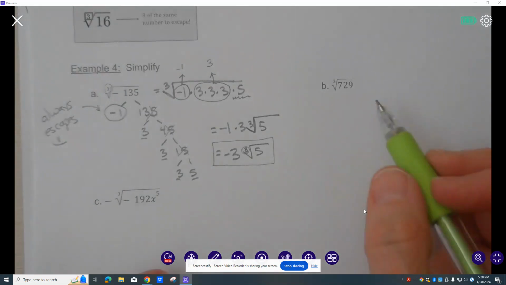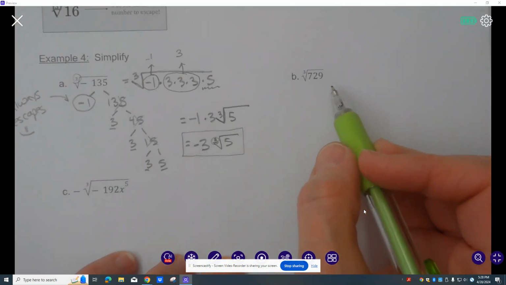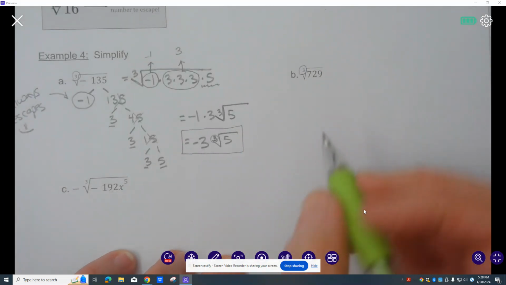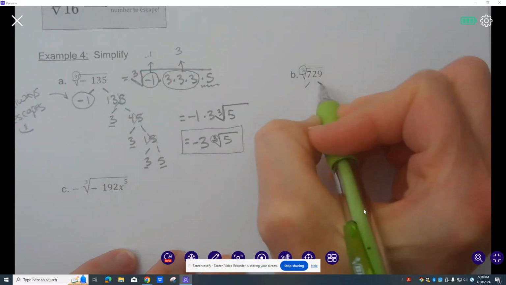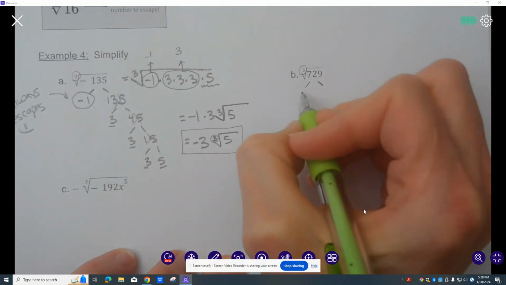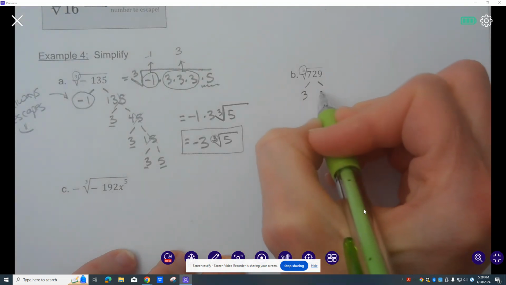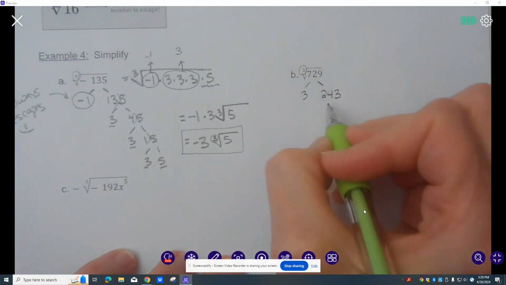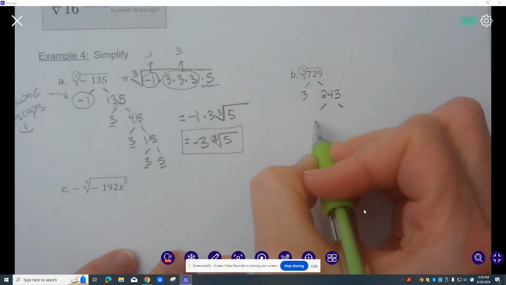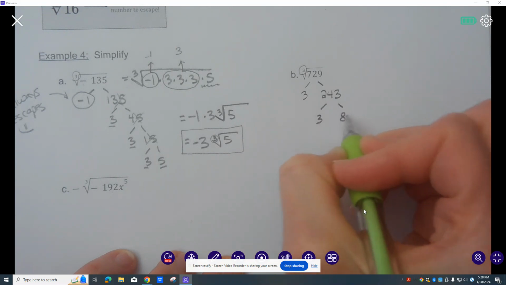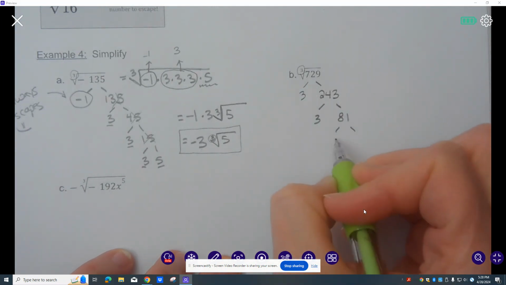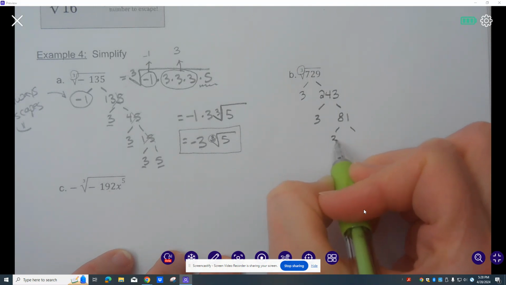Now B is also a big number again, and I'm looking for groups of 3. So 2 does not go into 729, but 3 does. So it's 3 times 243. 2 doesn't go into 243, but 3 does. 3 times 81. 81, again, 2 does not go into 81, but 3 does.